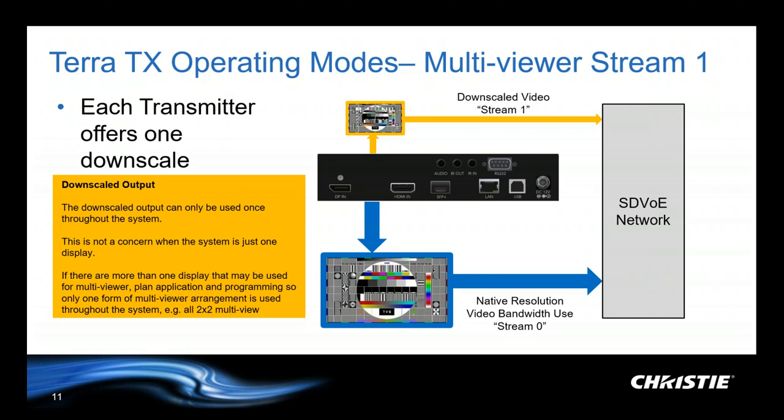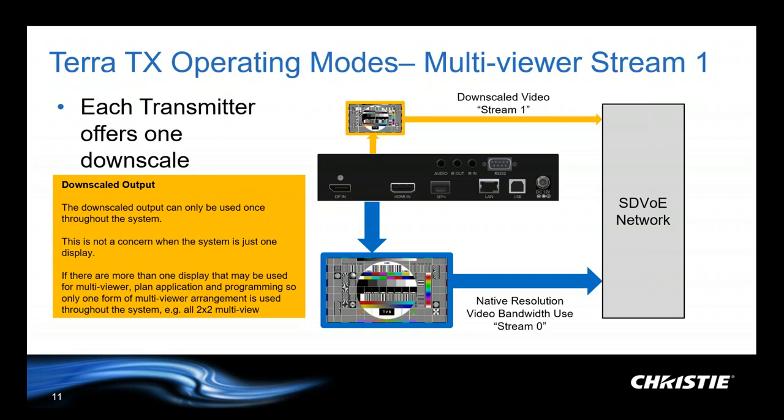Stream 0 will always be the native resolution of the DisplayPort or the HDMI input. So if you input HD, then stream 0 is going to be HD, 1920 by 1080 at 60 or whatever frame rate it is. If you input 4K, then stream 0 is going to be 4K at 30 or 60 or whatever frame rate you want to use.